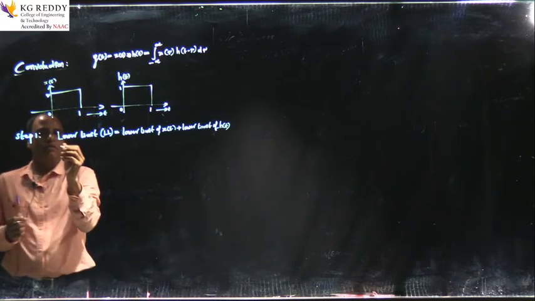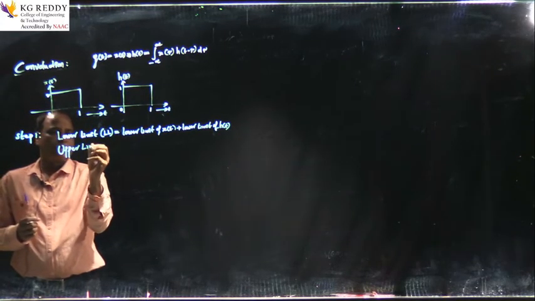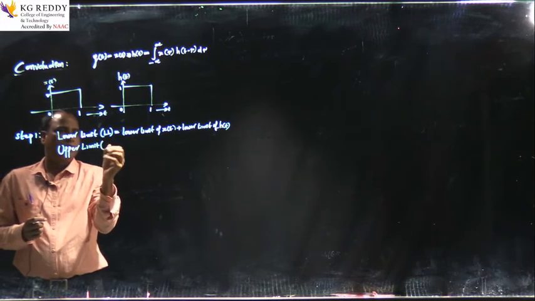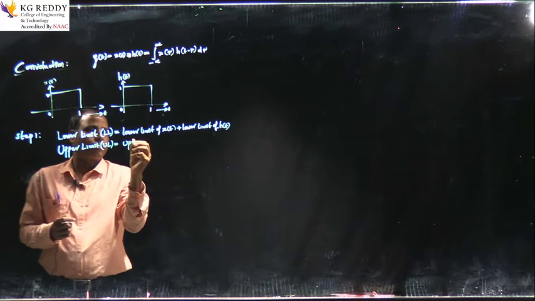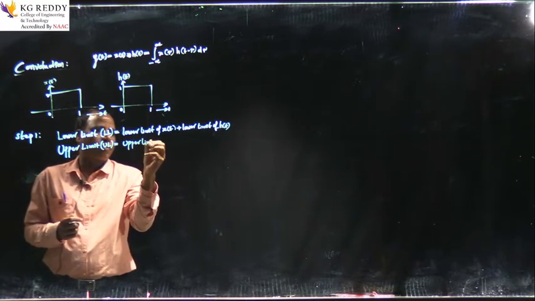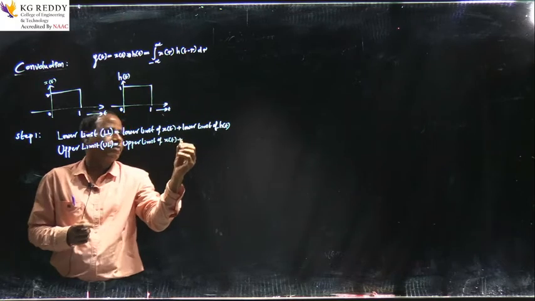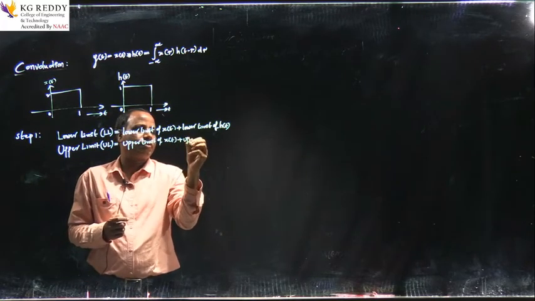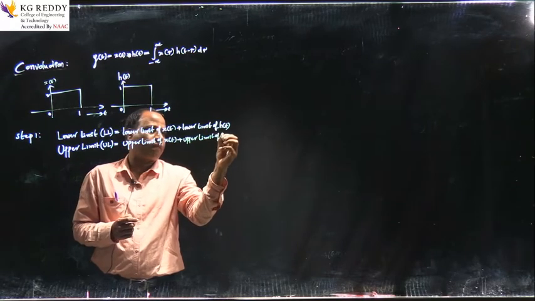Similarly, the upper limit, UL, is the upper limit of x of t plus the upper limit of h of t.